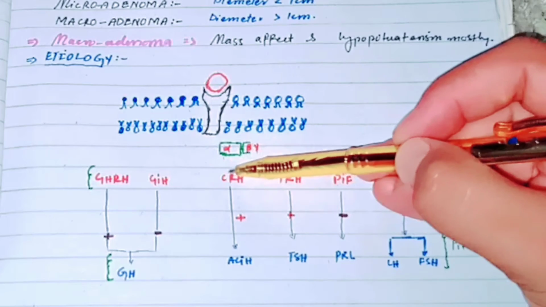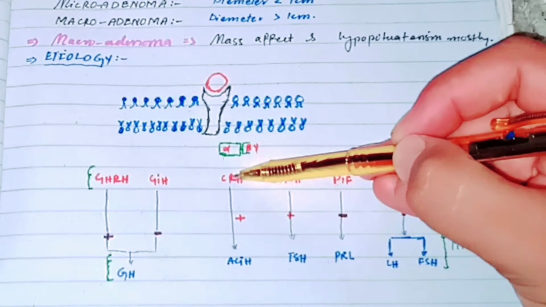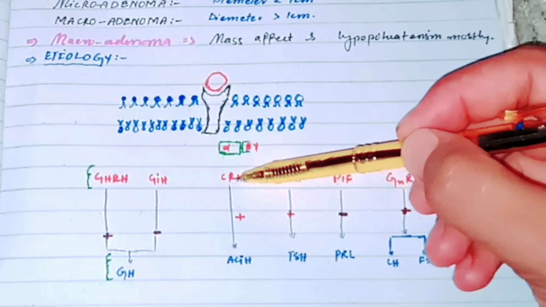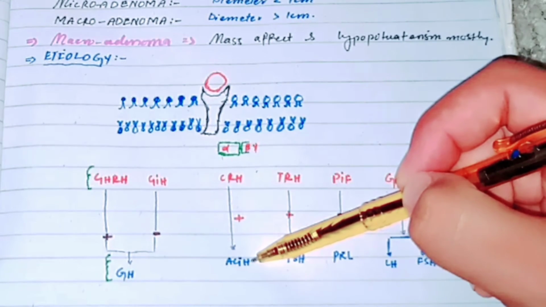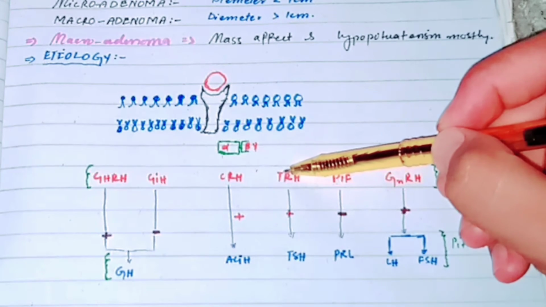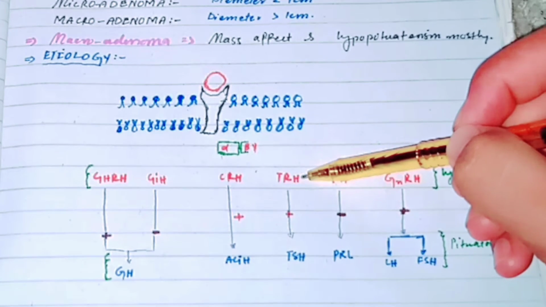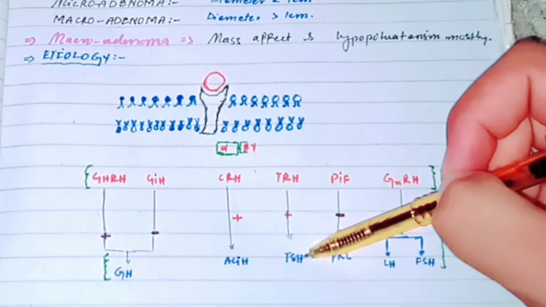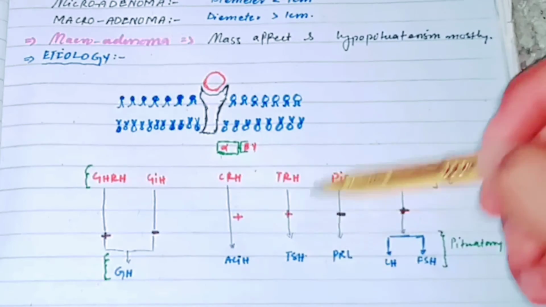And the corticotropin releasing hormone from the hypothalamus acts on the corticotrop cells of the pituitary gland and causes the release of ACTH, adrenocorticotropic hormone. And the thyrotropin releasing hormone from the hypothalamus causes the release of thyroid stimulating hormone from the thyrotrop cells of the pituitary gland.